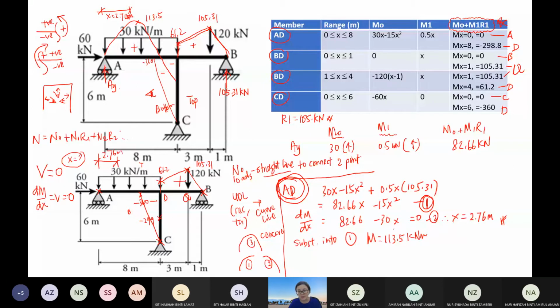But what is the value? You substitute this x into the moment function, which is equation 1 just now. So you get 113.5. Then you can plot another value here, positive 113.5. Now you can join these three points.